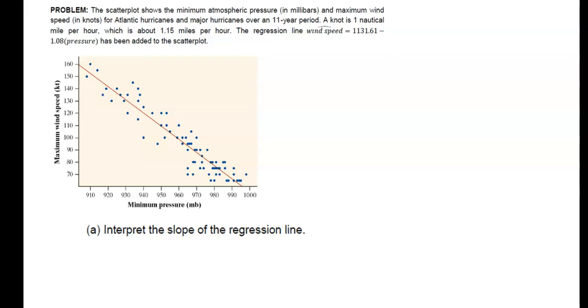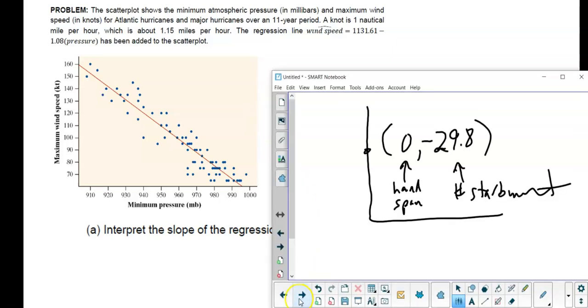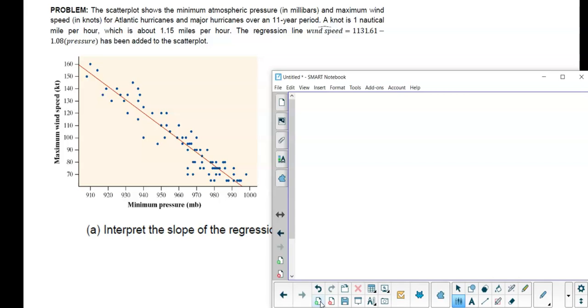Interpret the slope of the regression line. Again, slope is rise over run. By the way, look at the equation. There's a minus up there. It's 1,131.61 minus 1.08 times the pressure. So 1.08, negative 1.08. The way I do it, I write negative 1.08 divided by 1, because that's the same number.